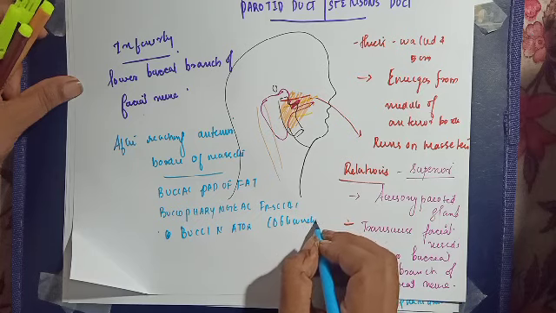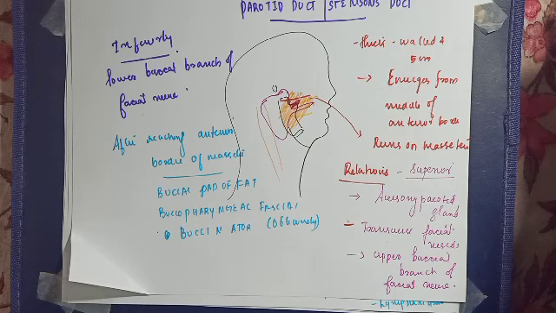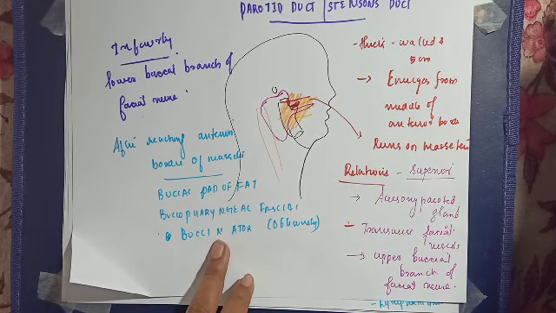Because of the oblique course of the duct through the buccinator, inflation of the duct is prevented during blowing. So it is important that it passes through the buccinator obliquely. Now the duct runs forwards for a short distance between the buccinator and the oral mucosa.